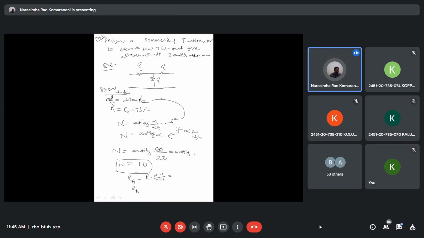R is the terminating impedance, the characteristic impedance for this attenuator, given as 75 ohms. So substitute 75 into (10 minus 1) by (10 plus 1). How much is it? 61.3. Right, good.